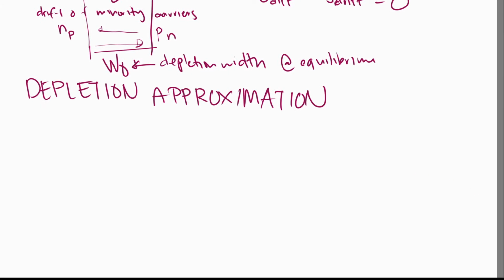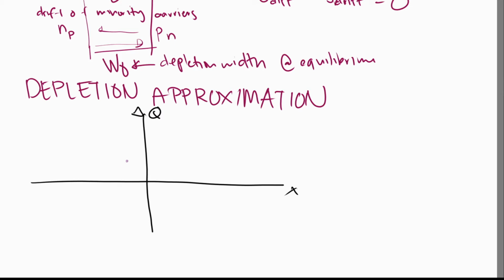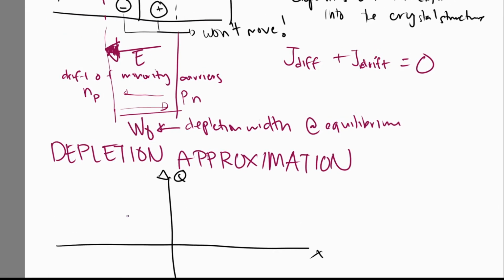recombined. So if you graph that in this Q versus X, Q is your charge concentration, and X is yung ating position, where X equals 0 is yung ating junction here.